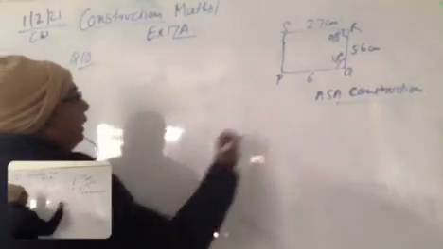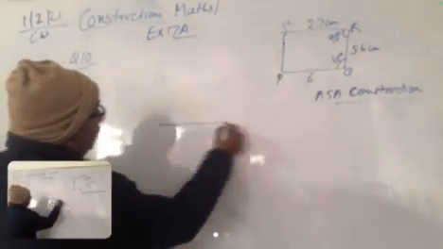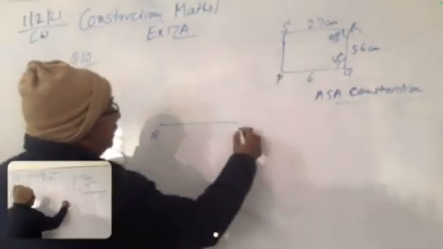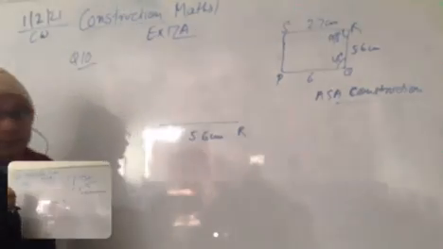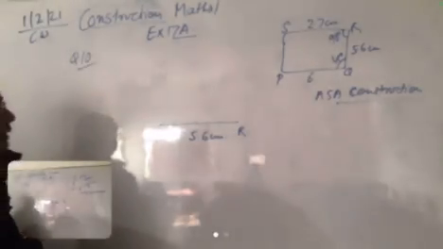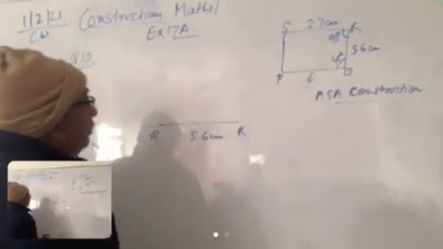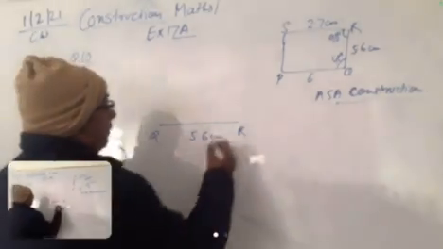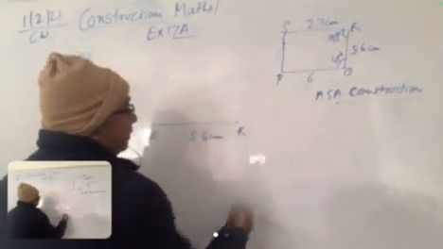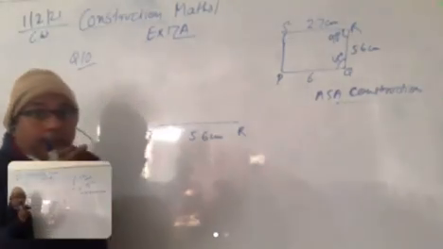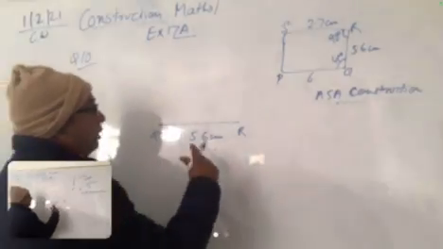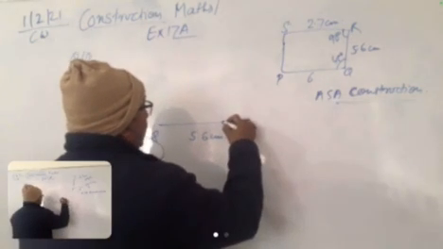Very nice. So better draw, everyone draw QR. QR, this is 5.6 centimeter. And now, first we draw angle R is equal to 90. So take your compass, open some radius, not too much, not too less.